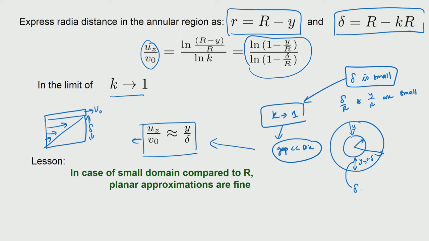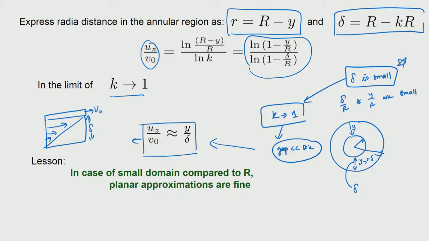Which means that the axial flow problem can also be reduced to a planar problem in situations where the gap is very small compared to the diameter of the cylinder. So, for some problems you do not have to actually use a cylindrical coordinate system just because the domain is having a cylinder in it. We can approximate it to be planar problems, but remember that it is applicable only when these kind of limits are applicable. So, only in extreme situations such approximations can be made.